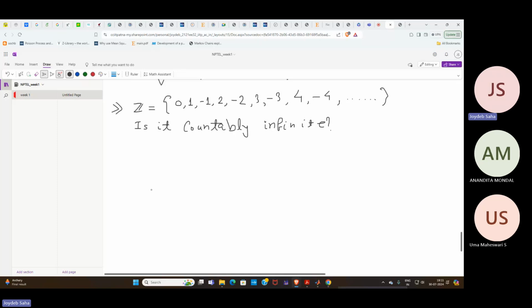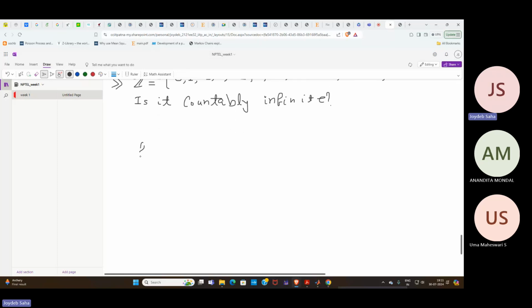Okay, let us write it. Z is the set of all integers. Now, let us define it as a function first.